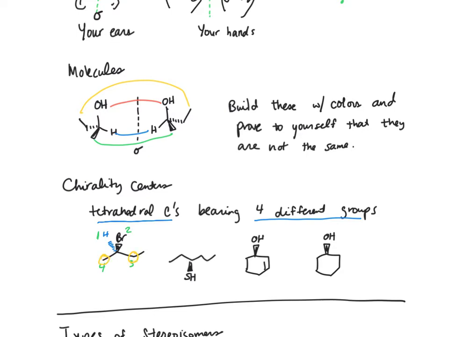What matters is that there's an ethyl group and a methyl group, and those are not the same. Similarly, this sulfide compound has an implied hydrogen atom, giving it 1, 2, 3, 4 unique groups. So this is also a chiral center.